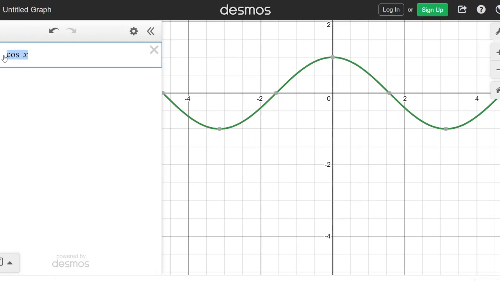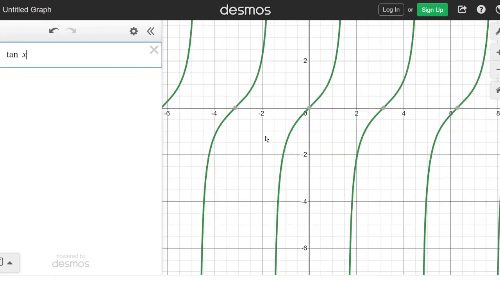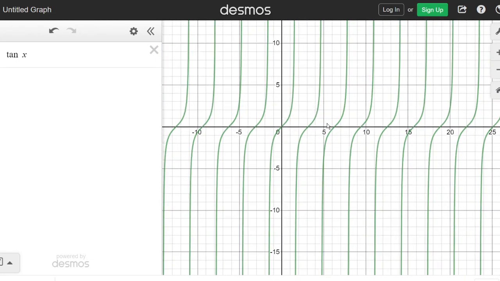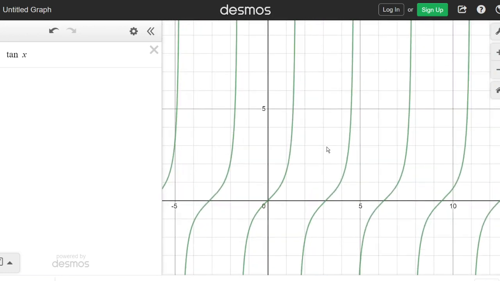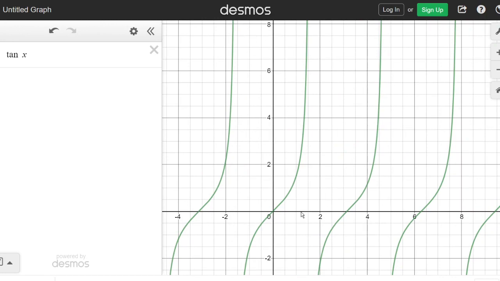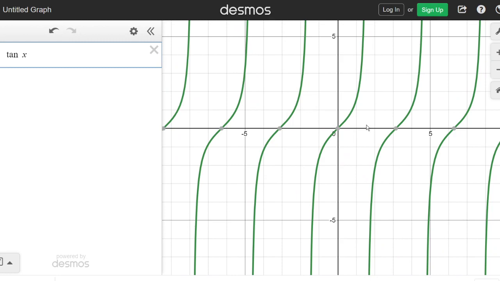Tan is something like this. I will show you a better way to understand tan.